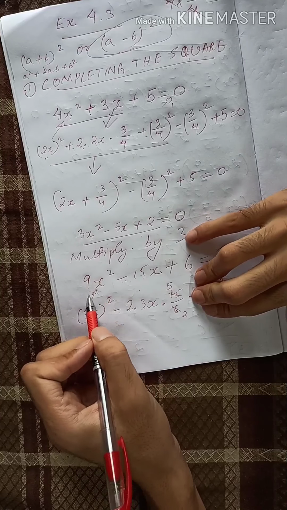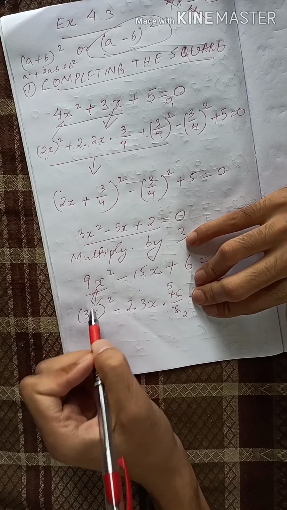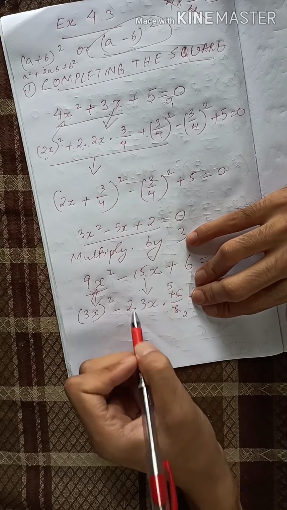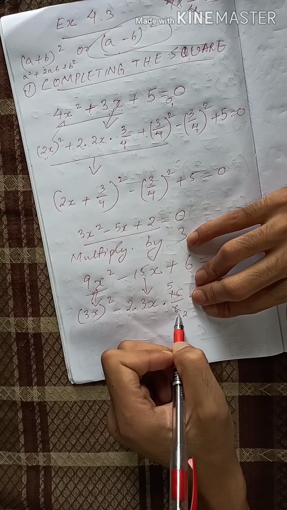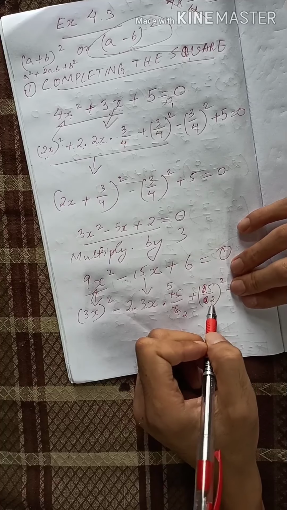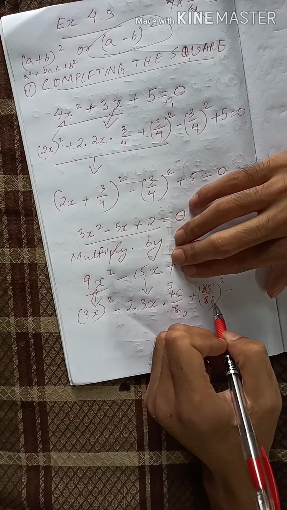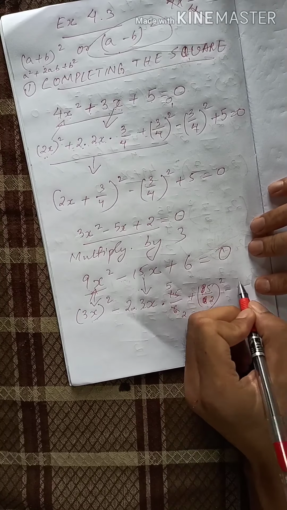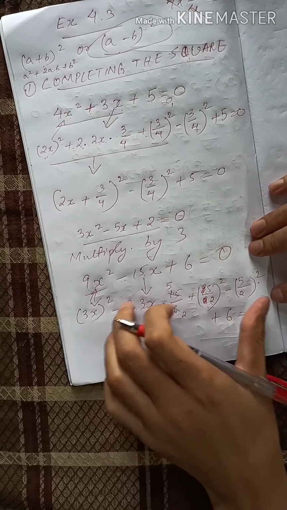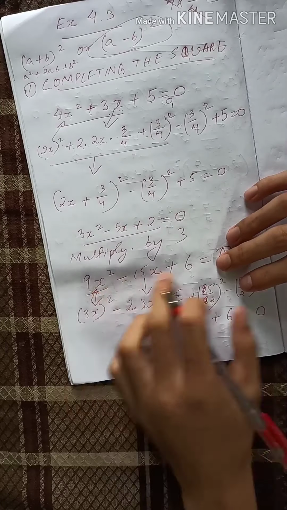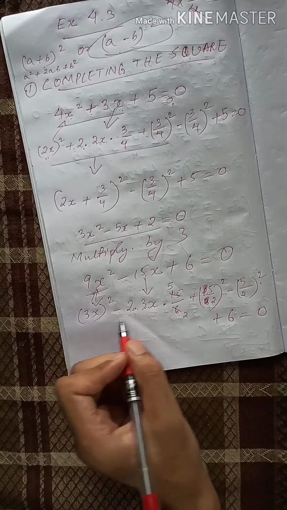Now look here, this expansion is 2 into 3 by x into 5 by 2. Now we are writing this extra, so we have to minus the same value, plus 6. When you solve this, you exactly get this one. So what do we get here?